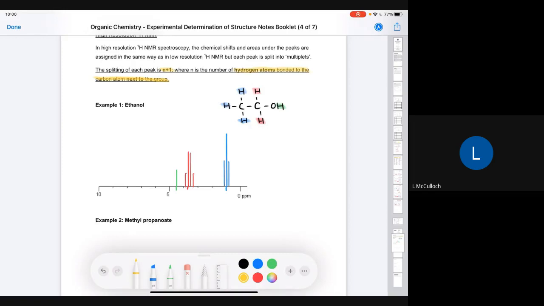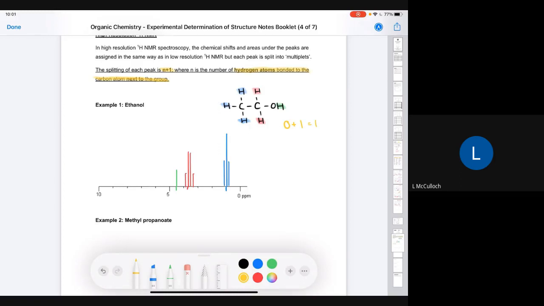So for the green hydrogen, we say there are 0 hydrogens on neighbouring carbons, and then we add 1 to that. So that will just give us 1. So that peak is just going to be a 1.